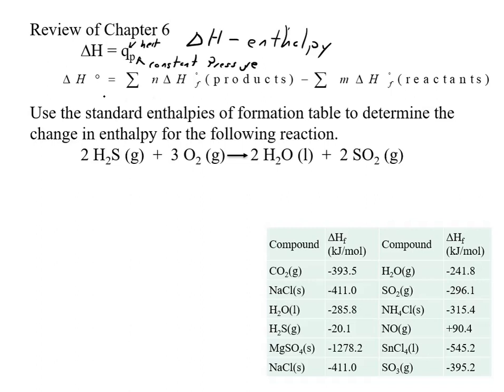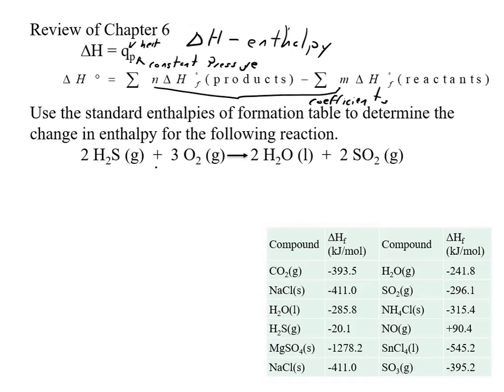Okay. The other thing we learned is that you can find the change in heat for a standard system by taking the sum of the delta H's of formation of the products minus the sum of the delta H of the reactants. And these two things here are the coefficients. So it looks like a complicated equation, but it's really not.